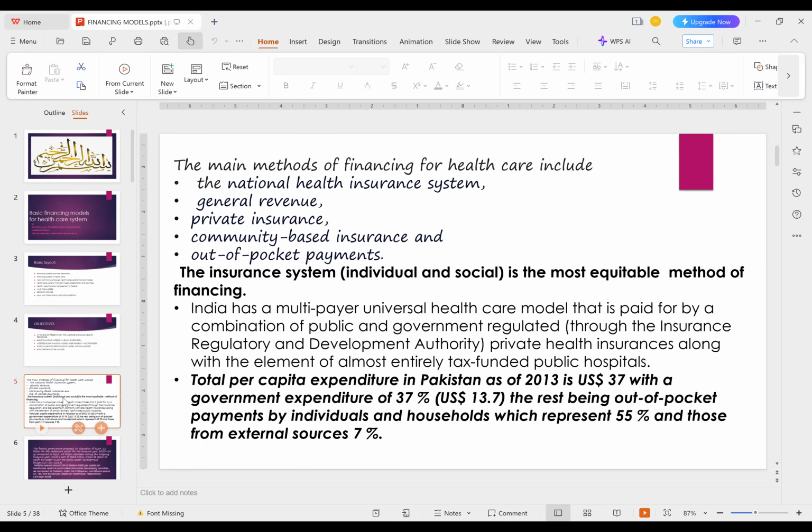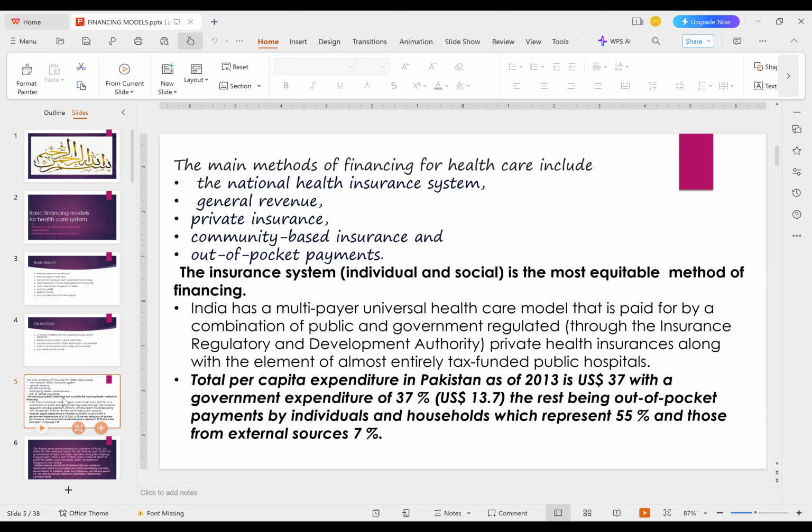The main methods of financing for healthcare include the National Healthcare Insurance System, general revenues, private insurances, community-based insurances, and out-of-pocket payments. The insurance system, either individual or social, is the most equitable method of financing.